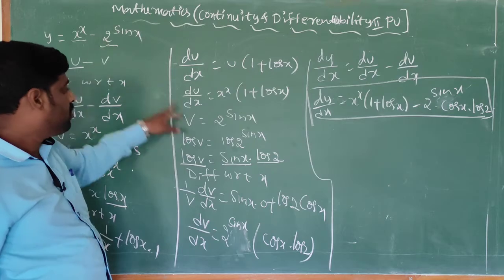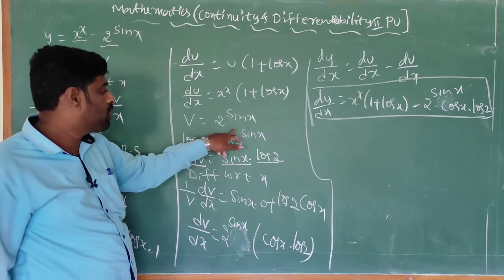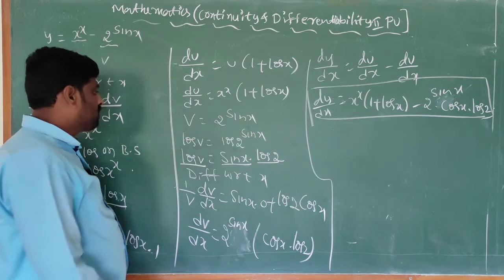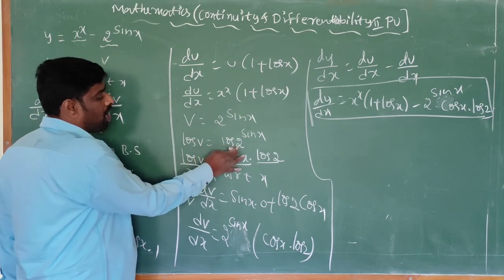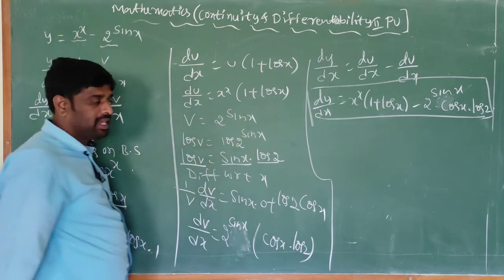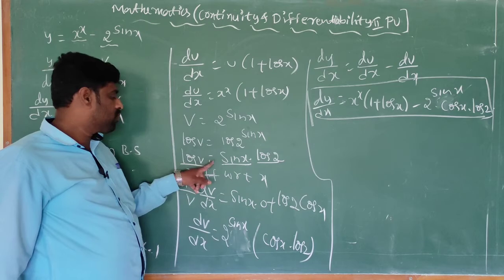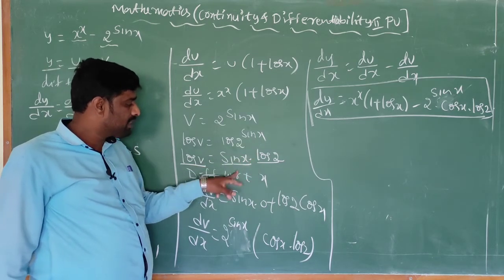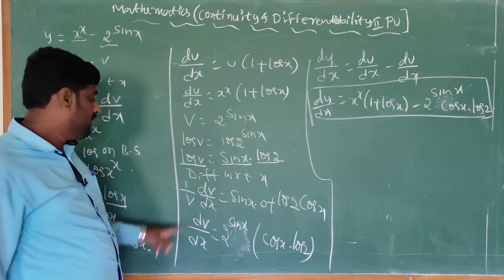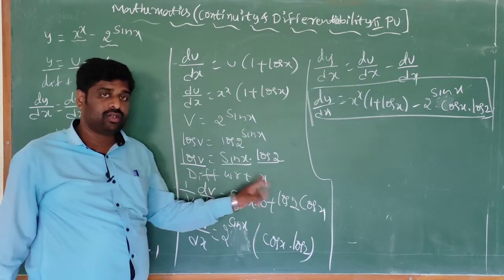So now this is v, no? v is equal to 2 to the power of sin x. Now log on both sides. Log v is equal to log 2 to the power of sin x, so log v is equal to sin x into log 2. Differentiate with respect to x.